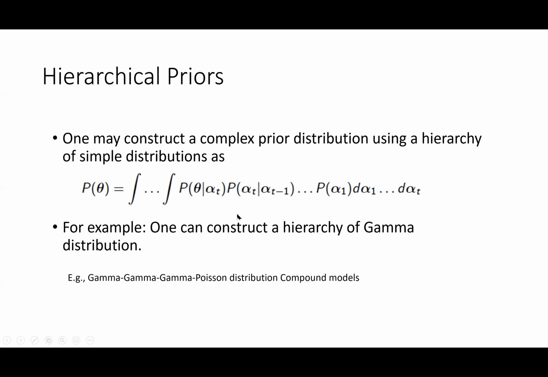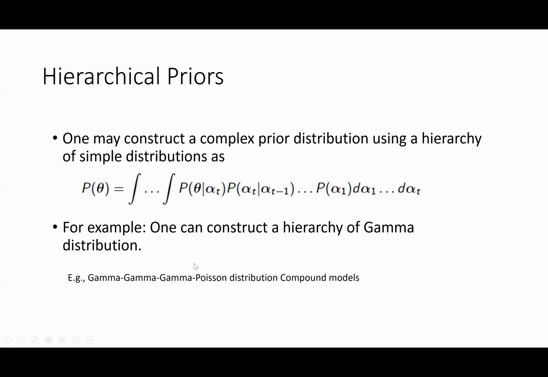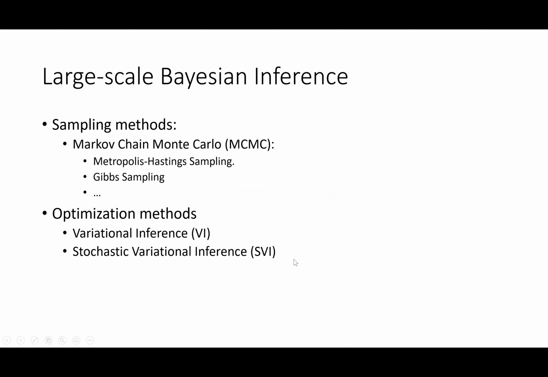With that, we can build a hierarchical model with conjugacy, like this theta conditional on another alpha, and alpha at t minus 1, etc. There's also the hierarchical model in deep Bayesian networks, but following the Bayesian framework, right? So you can have a hierarchical model like this, gamma and Poisson, for example.